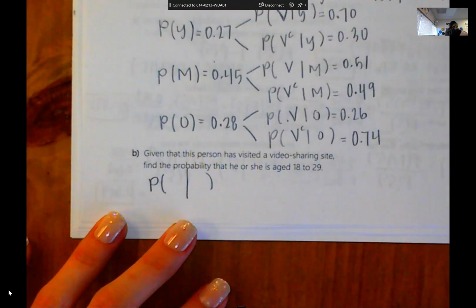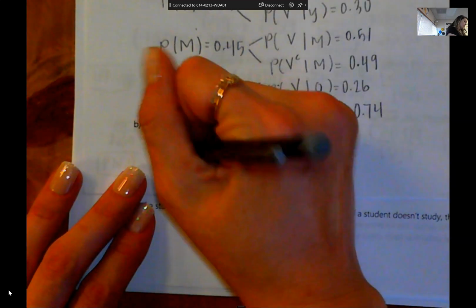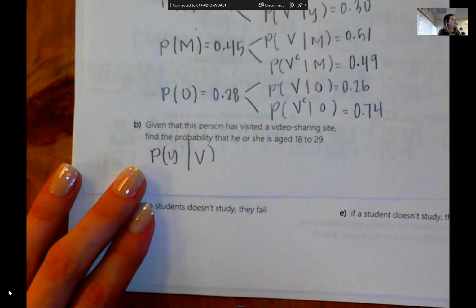Take like 30 seconds to see if you can write in what they're asking you. Okay, they are asking you for young given visited.